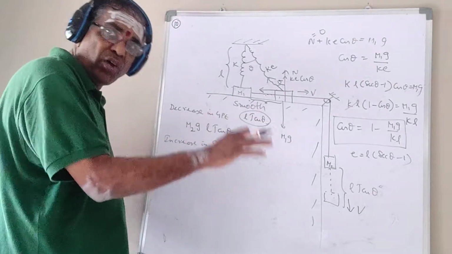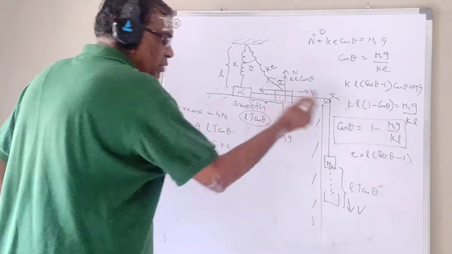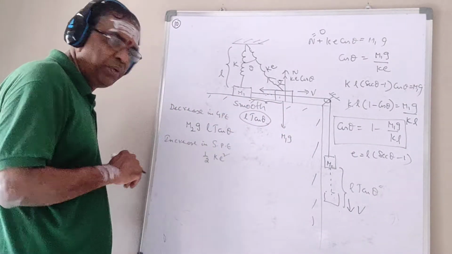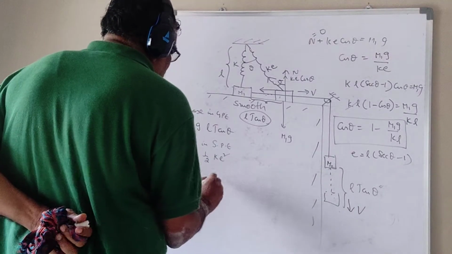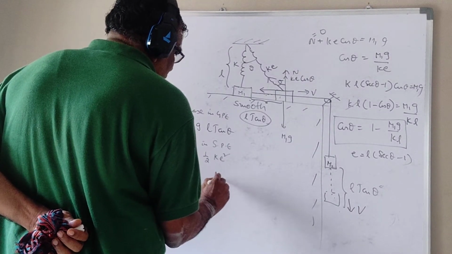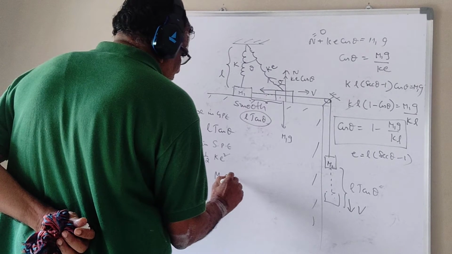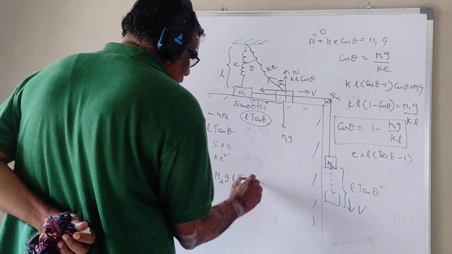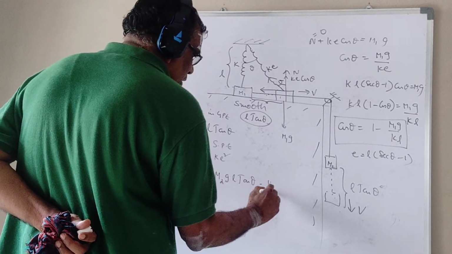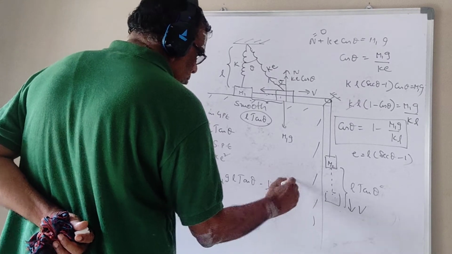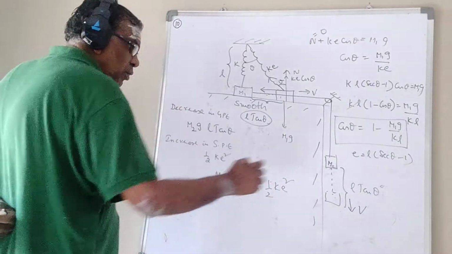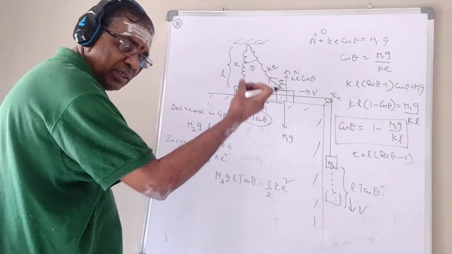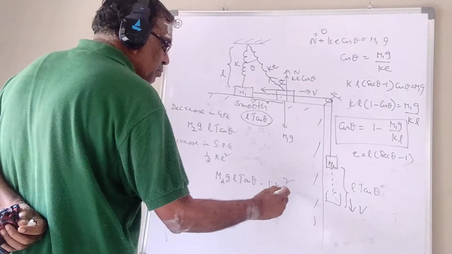So, total, what is the fall in the potential energy? See, if there is no fall, you won't have this kinetic energy coming into play. So, fall means the decrease is this and this is increase. Okay? So, fall I have taken. What is the fall in potential energy?